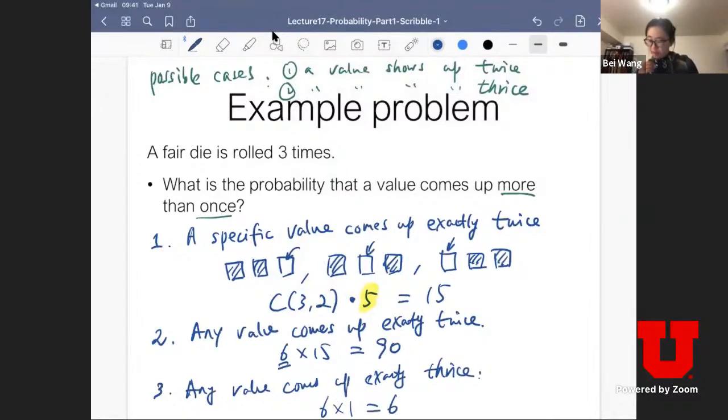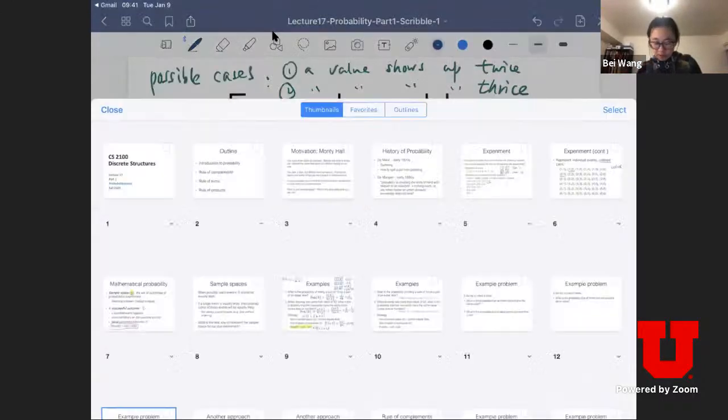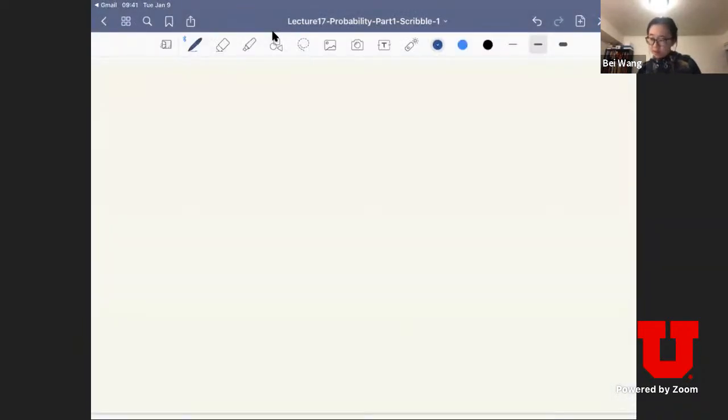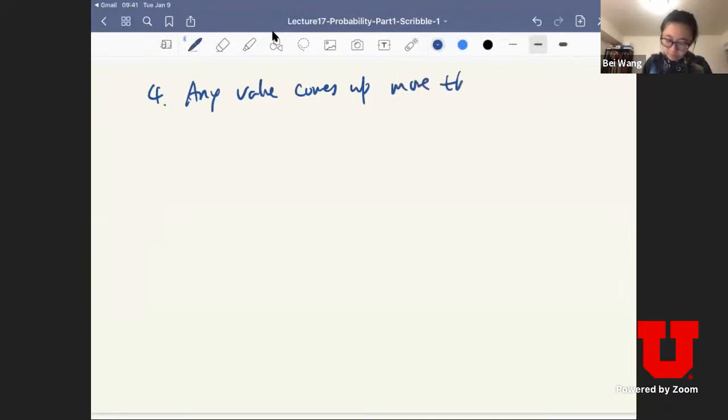So now what's next? Now what I have is step number 4, any value that comes up at least twice, or more than once. It's going to be 90 plus 6, which is 96.